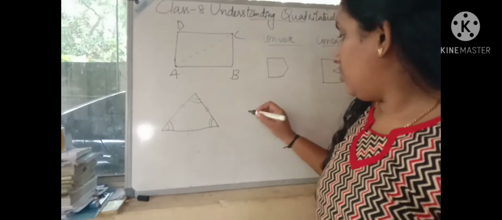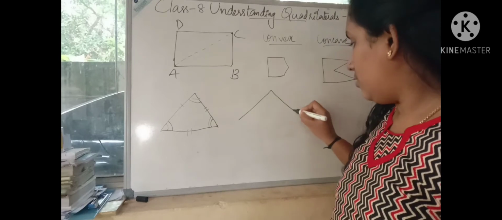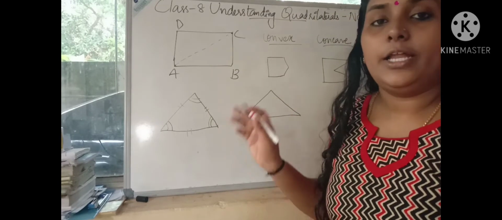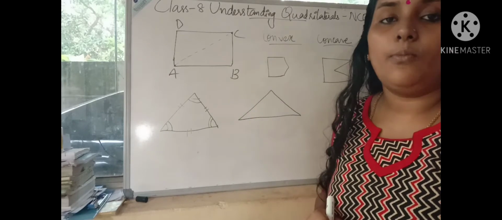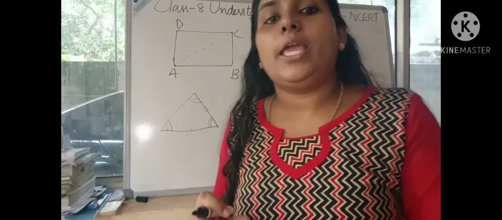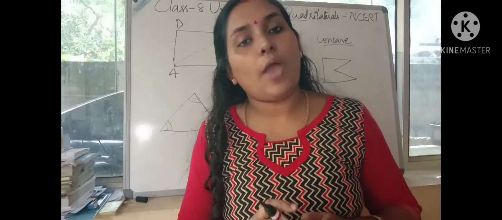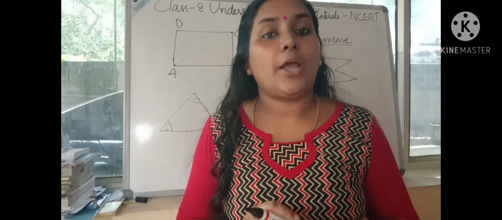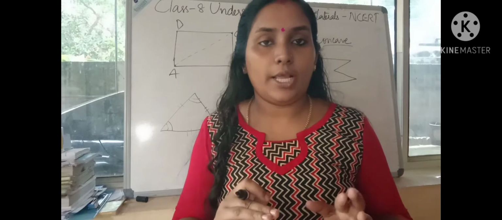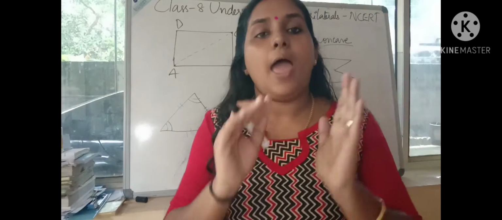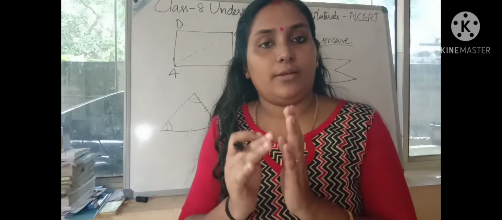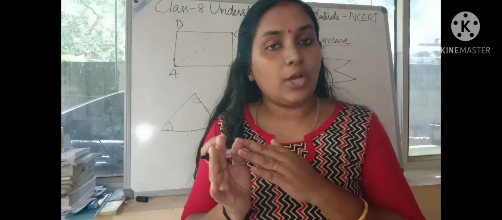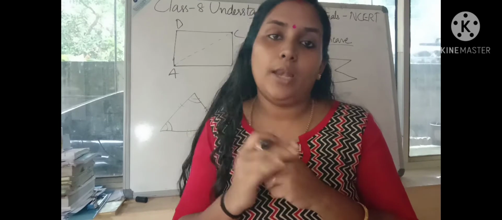If it is an isosceles triangle, it is not a regular polygon because it is not both equiangular and equilateral. Okay, a regular polygon is both equiangular and equilateral. An irregular polygon means not equiangular and not equilateral.